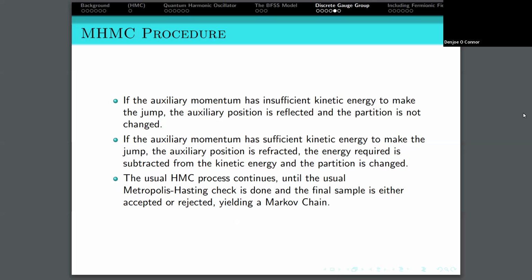Accepting means taking the new partition, and being reflected means literally the auxiliary position goes back the way it came, and we don't accept the new partition. Then we do the same Metropolis-Hastings check that Jack was talking about, and that ensures that overall our Markov chain does represent the probability distribution that we want.